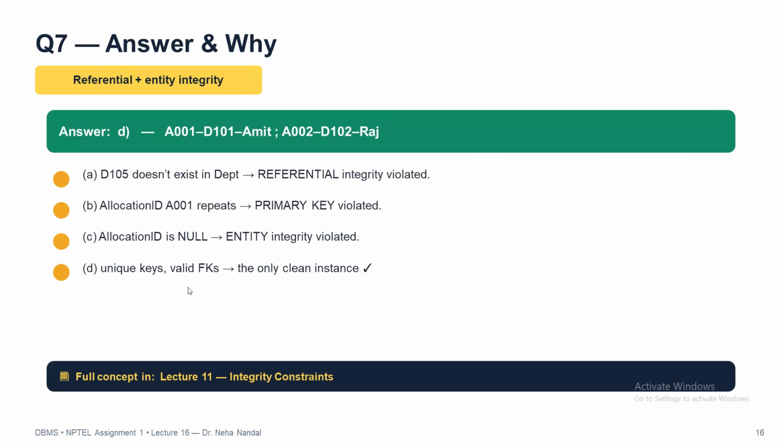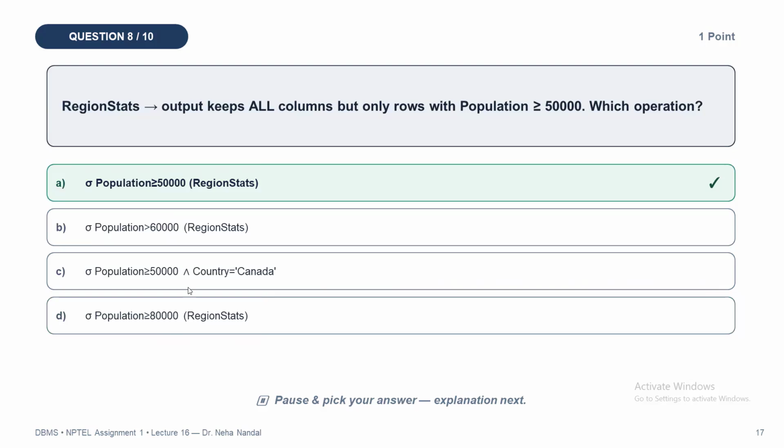Now let's move to question number 8. Suppose some data is given to you: the region stats output keeps all columns but only rows with population greater than or equal to 50,000. Which operation is a valid operation?